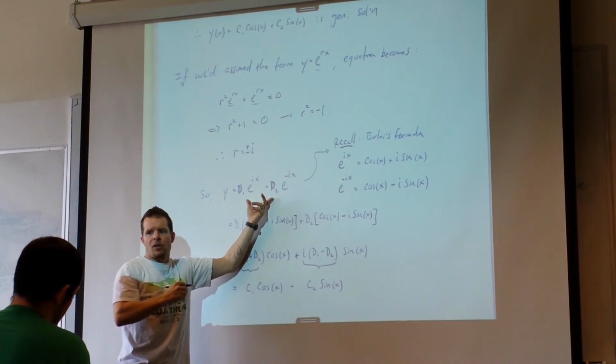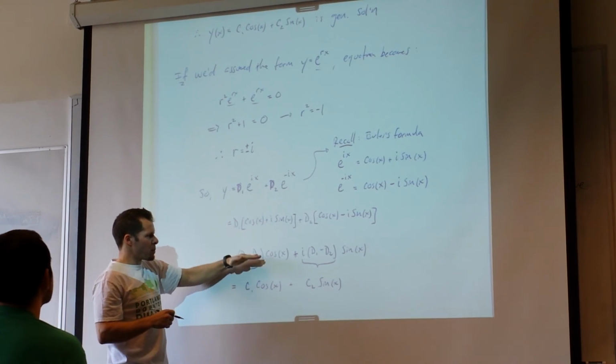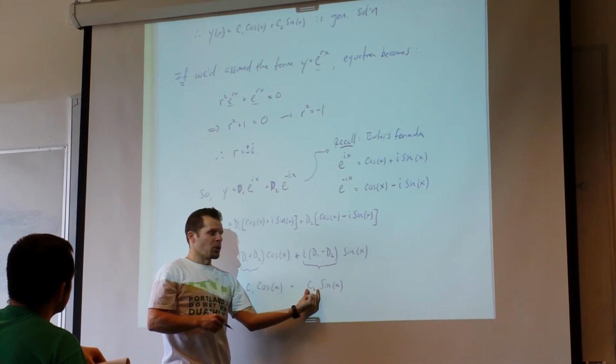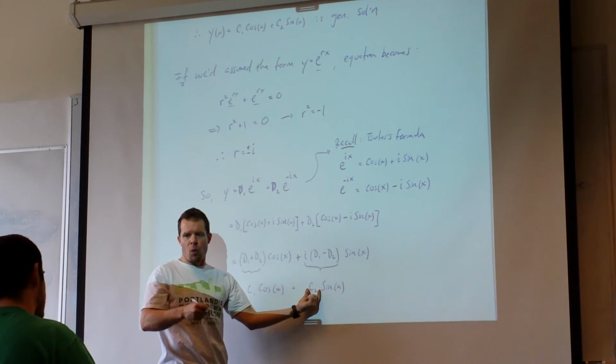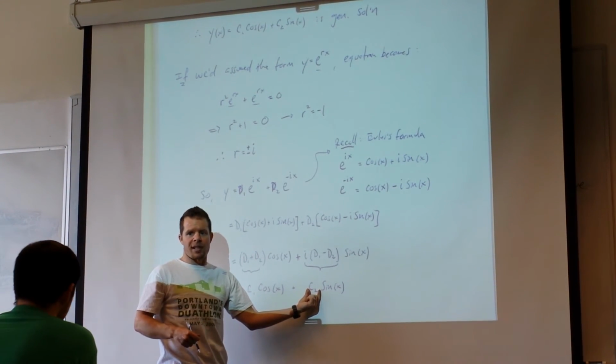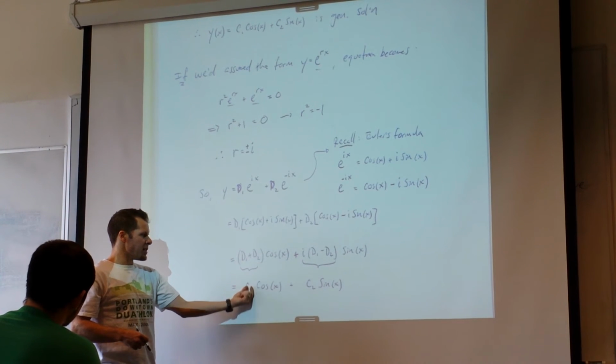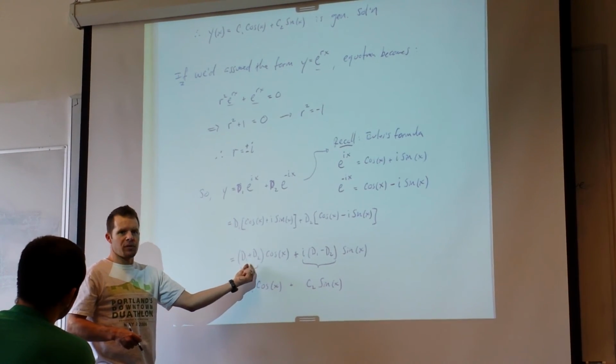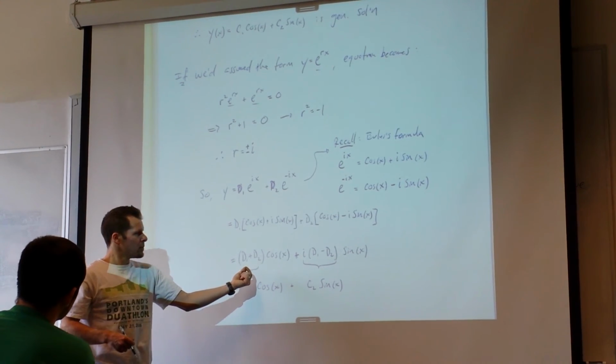They could be complex coefficients. But through this process, d1 minus d2 times i will be a real number. If you want to go through the details, we can do some examples. Same thing with d1 plus d2, and it turned out to be a real coefficient. So the imaginary parts would cancel out.